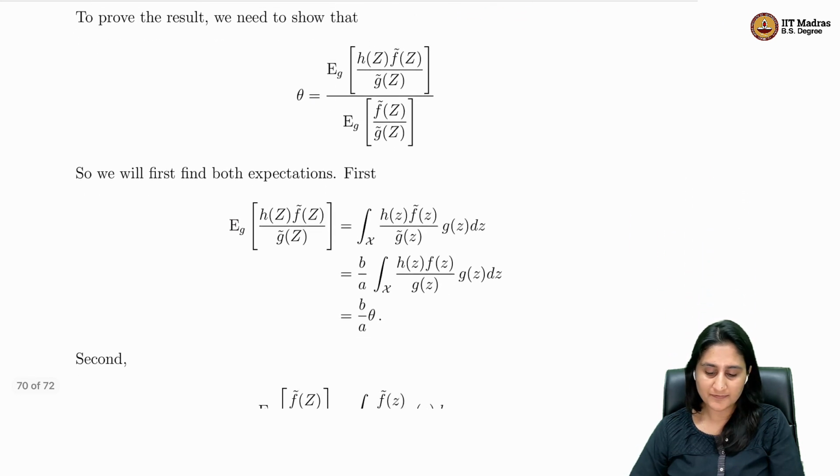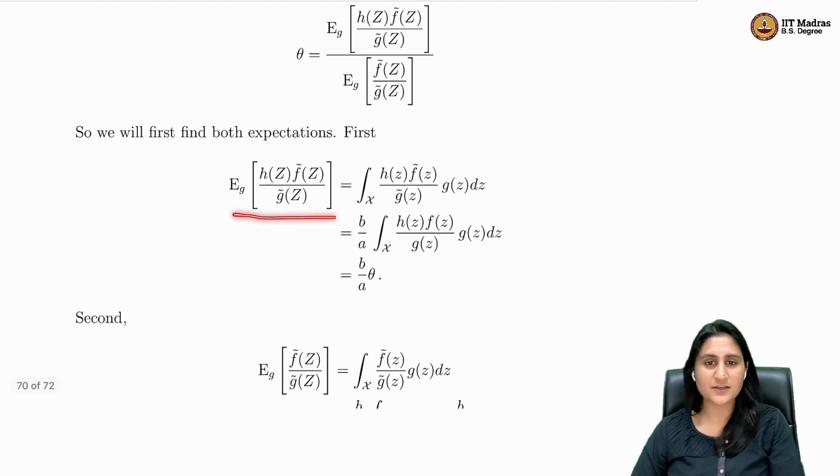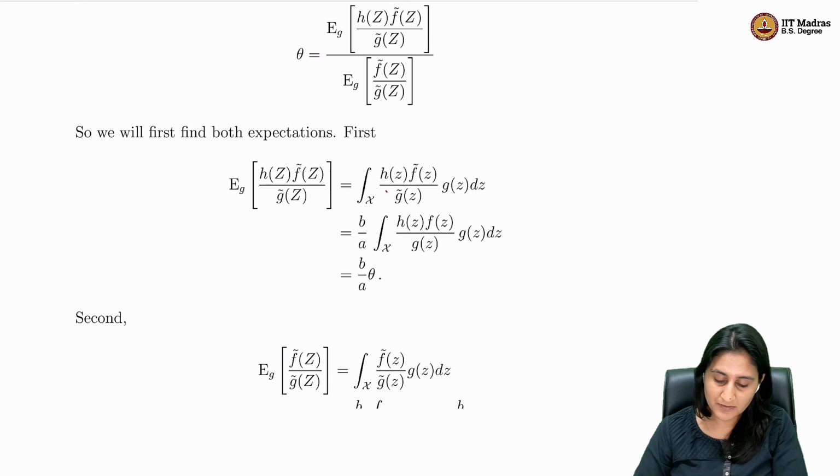Okay, so let's calculate the above expectation first. So this thing over here is integral h f tilde z g tilde by g times g dz, right? It's integral with respect to g because I'm taking samples from g. But now this f tilde and g tilde are actually not densities, and I would like to cancel these two out. So in order to cancel those two out, I want a b here, which means I'll have a b left over.